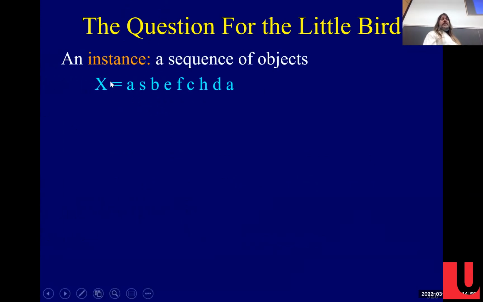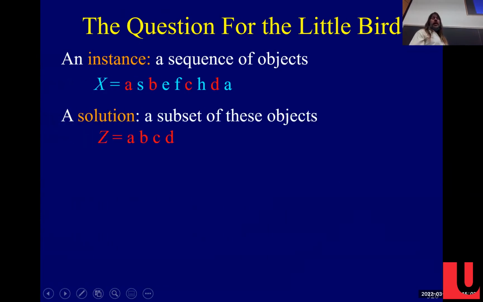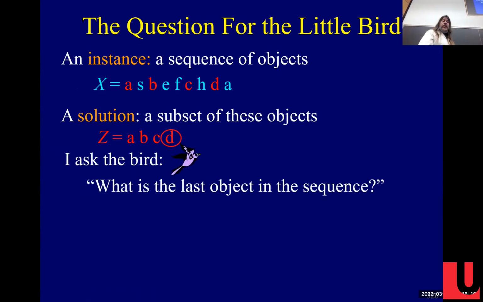If my instance is a sequence of objects, that's my input, and my output is a subsequence, then what do I ask her? I could ask her, what is the last object in the sequence? How many answers are there?